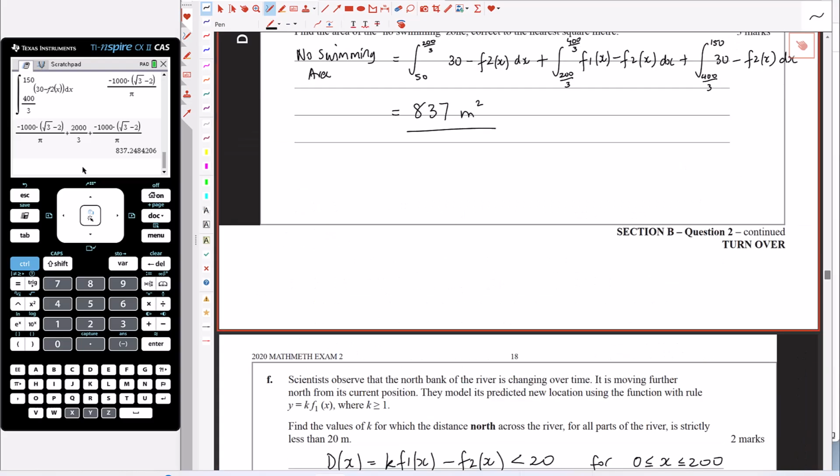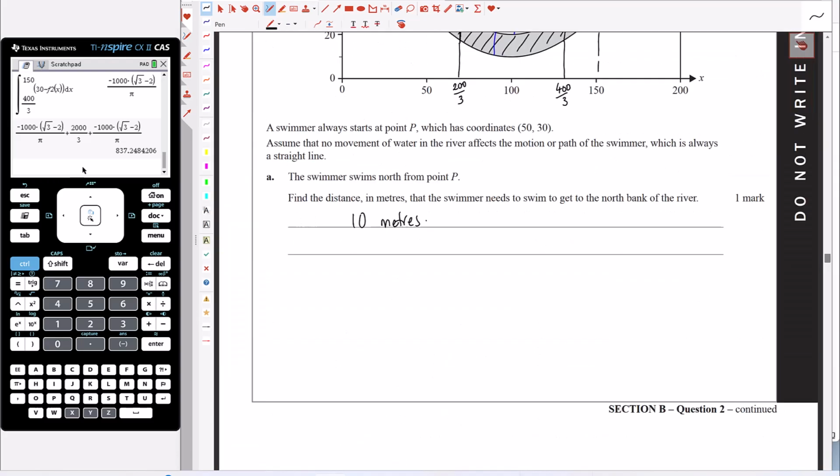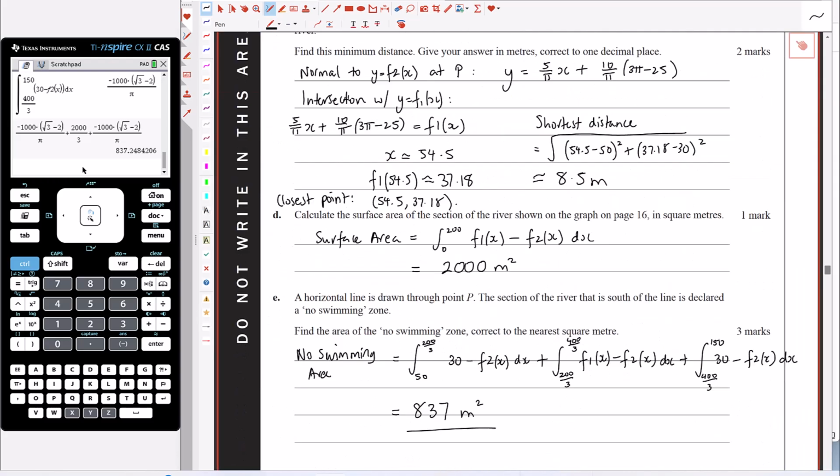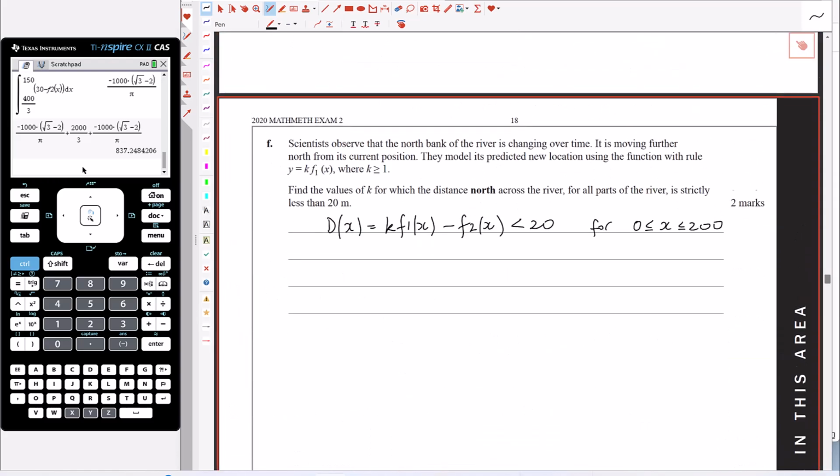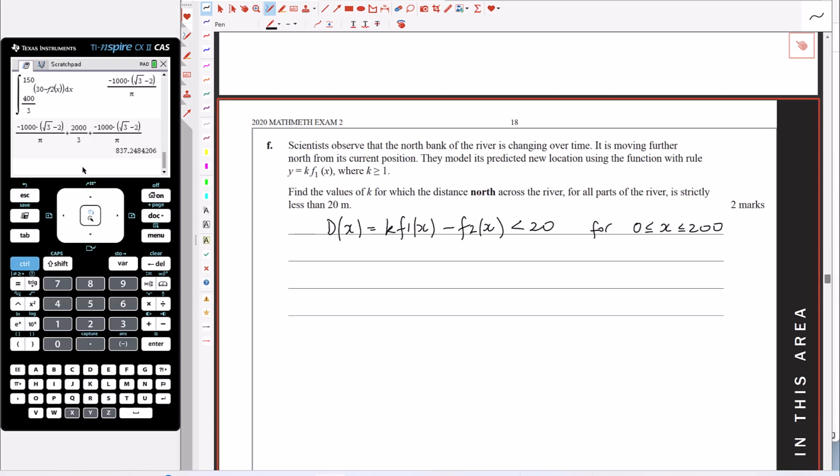I think. I'll just check. Yeah. Okay, so, and we want to solve that for k. So let's see what happens. So we're going to solve k times... I'm not going to be solving that for k though.